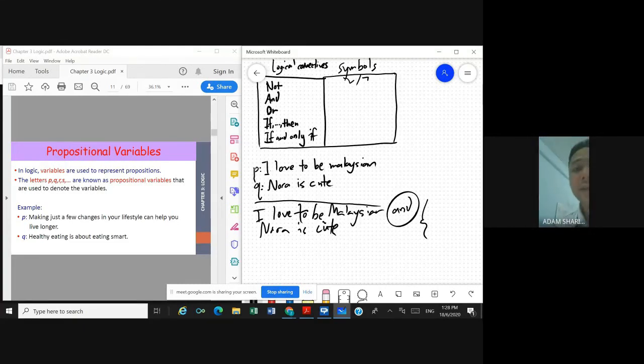You can use the left one or the right one. And the inverted hat, we call this the hat symbol. Or implies is the arrow. If and only if is the double arrow.